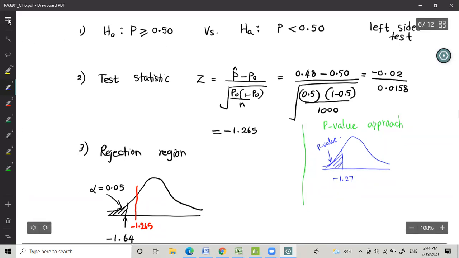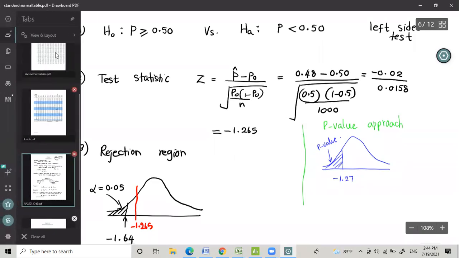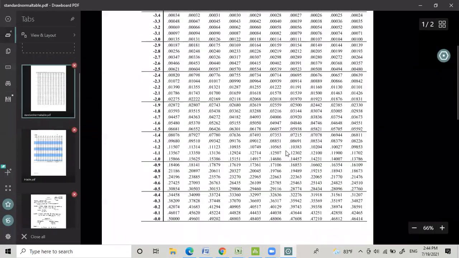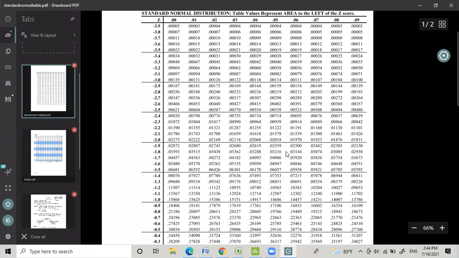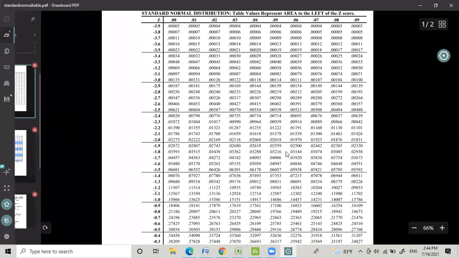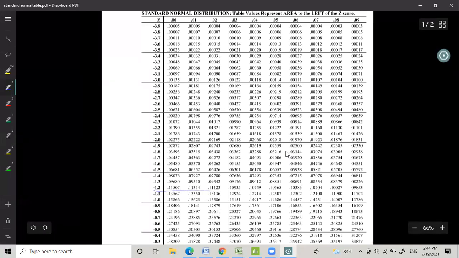Shall we read the table? Negative 1.27. Negative 1.2 is here, and 1.27 is here. The value for negative 1.27 is 0.10204.